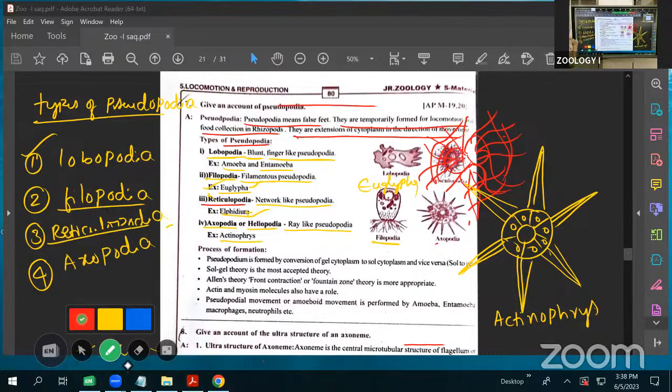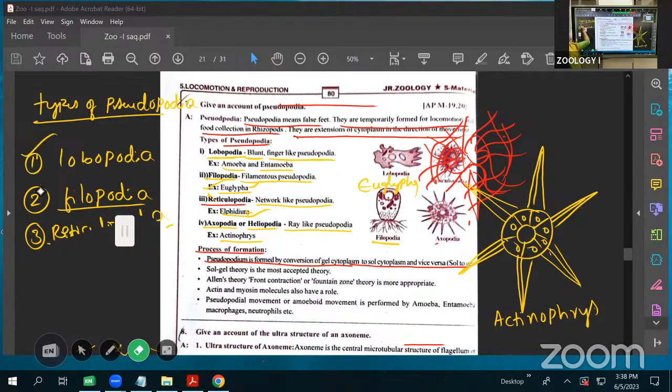Next is the formation of pseudopodia. Pseudopodia is formed by the conversion of the gel cytoplasm into sol. I will explain what is sol and what is gel.